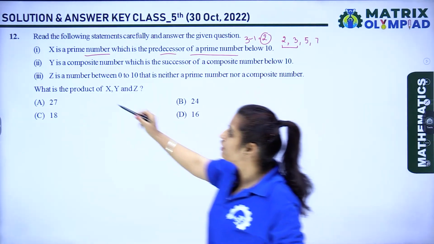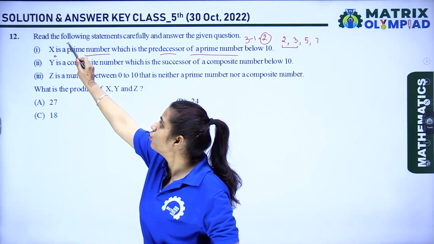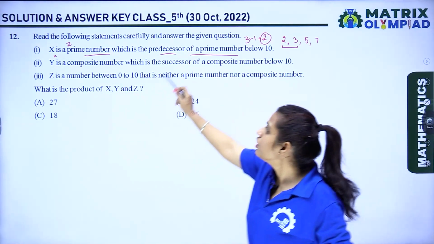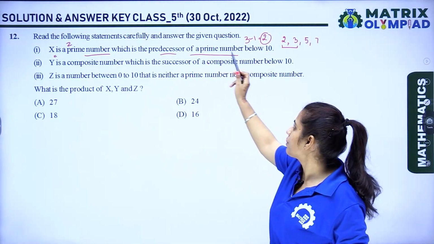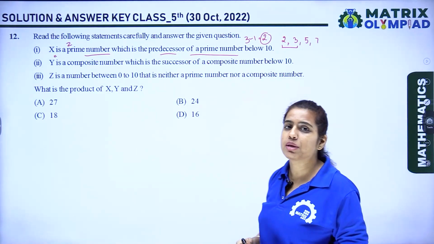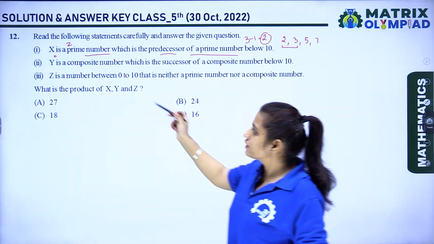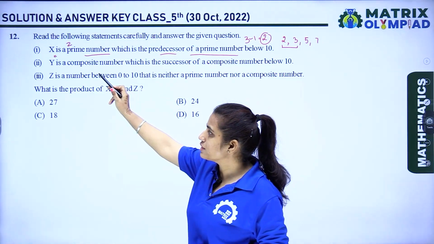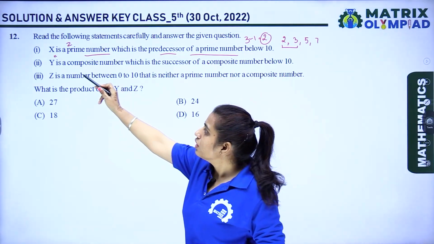So we can say that the value of x is 2 because 2 is a prime number which is a predecessor of a prime number. So 2 is a predecessor of prime number 3. Now let's solve the second part of this question.